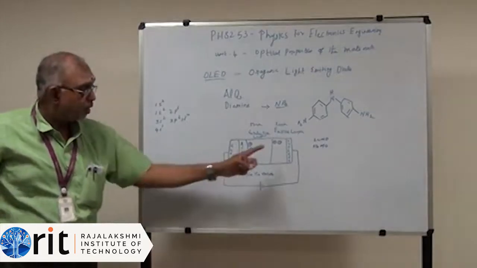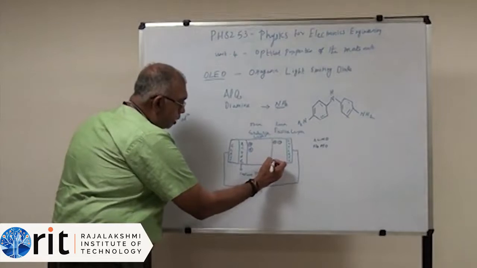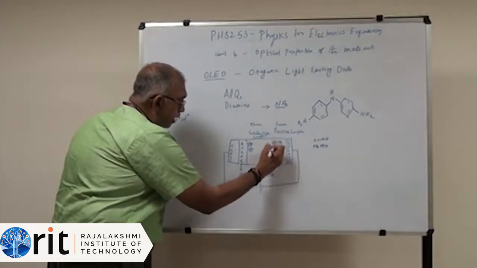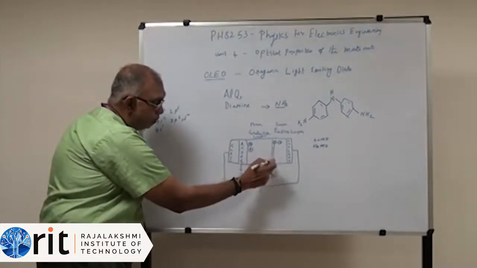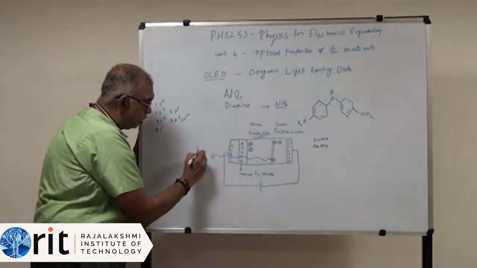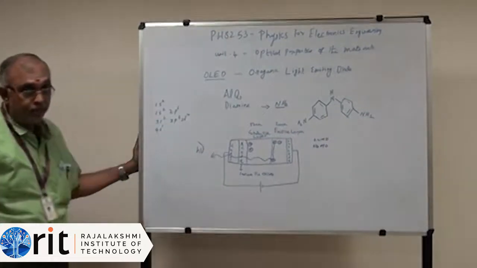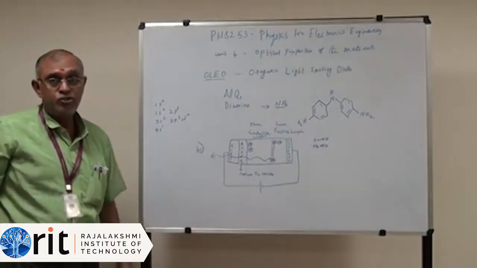Now, the electrons will recombine with the holes along the junction and give out the light radiation. This is the operation of your OLED device.